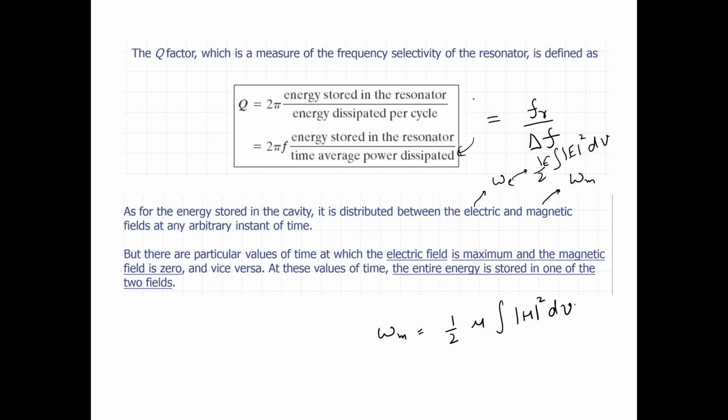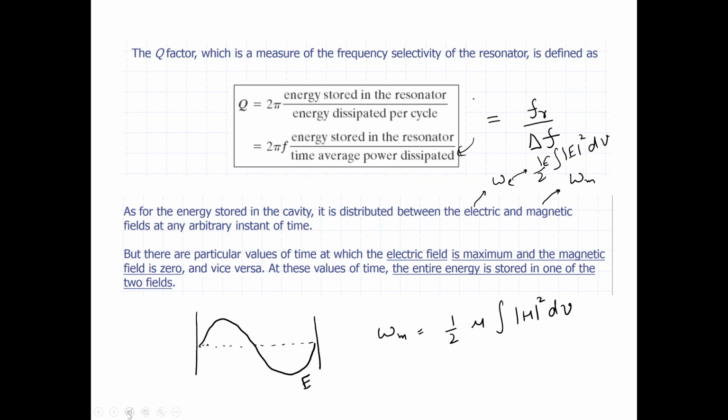And not only that, we have seen that if the electric field had a sine functionality, the magnetic field in that direction would have a cos functionality. So if I was looking at the cavity in one specific direction, let's say the electric field is having a sine functionality, and let's just assume that the mode is like that, and this is the electric field.